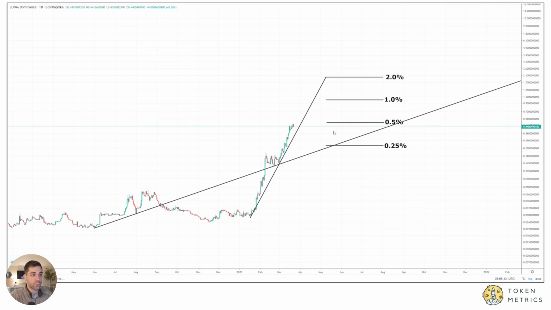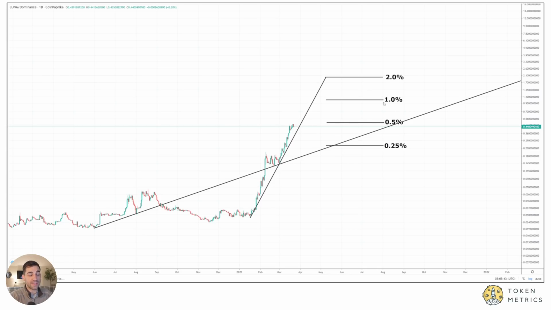So that's a relevant scenario. And then we want to build in this more bearish scenario of 0.25% in case we break this trend line and come back down, and maybe we even break the more flat trend line with the lower slope here, just like we broke the trend line back here in 2020 before going back up.